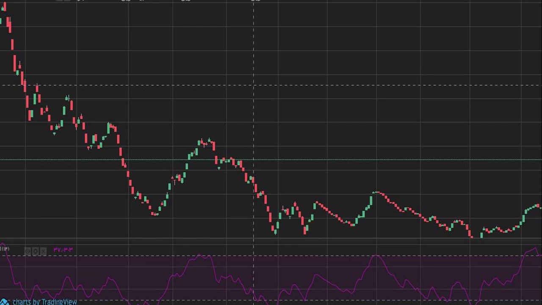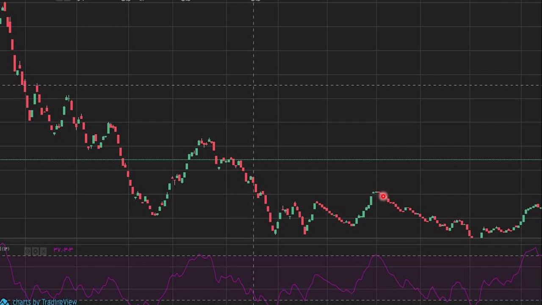Let's find more signals. Here we have another weak signal, and it's in a good position. I think it's a good time to get a buy position.